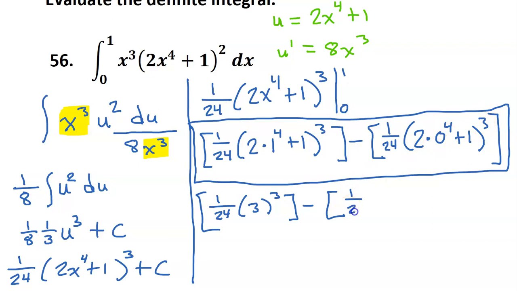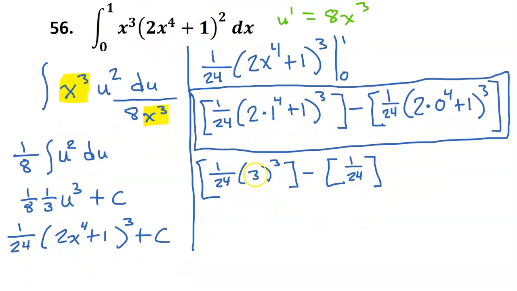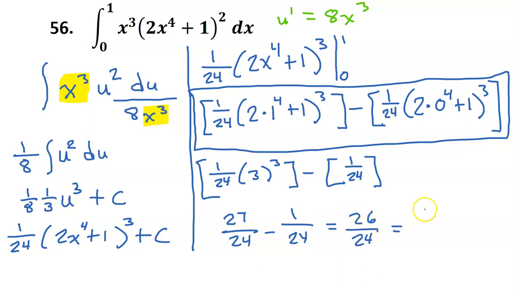So we really just have 1 over 24. 3 to the 3rd power is 27. So this is going to be 27 over 24 minus 1 over 24, which is 26 over 24, which in turn reduces to 13 over 12. So this is a simplified version of the final answer.